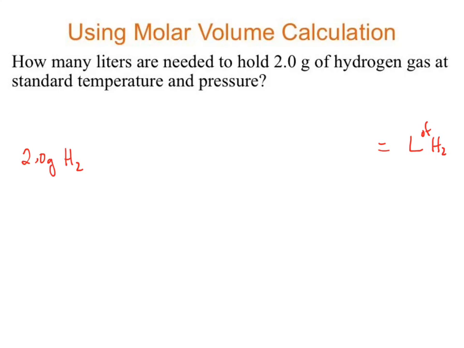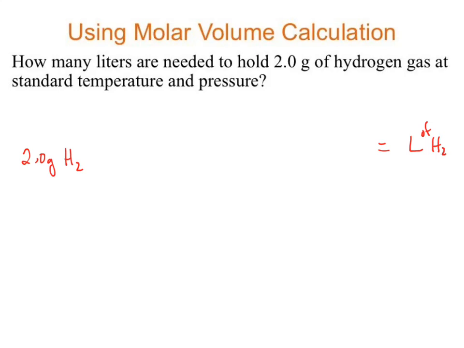Any questions straight out of the gate with this one? Because if you don't have a question straight out of the gate, I'm going to have a question here. No, not even looking at the conversion factors yet. What's the formula for hydrogen gas? H2. Why is that going to become important? Because it's going to change the molar mass.